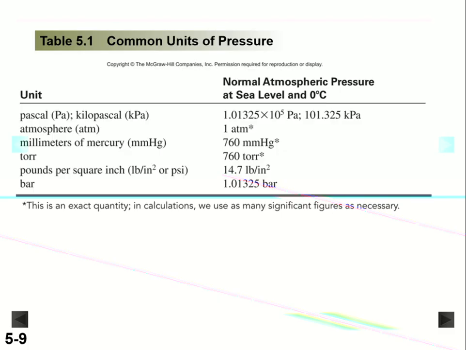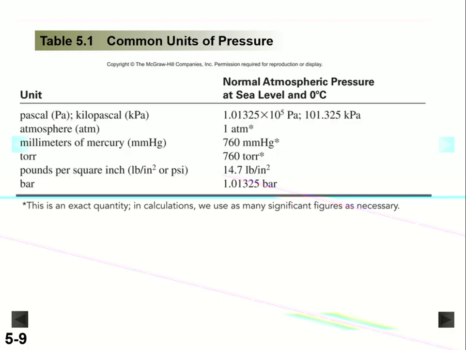One atmosphere is a defined quantity, so it has as many significant figures as you need, as well as 760 millimeters of mercury or 760 torr being related to 1 atmosphere. Your measured value will have its measured number of significant figures. Now, these were commonly used many years ago, but now the pascal is the preferred unit for pressure.